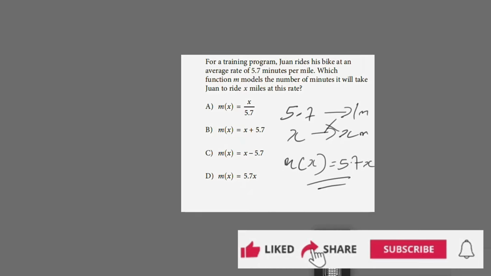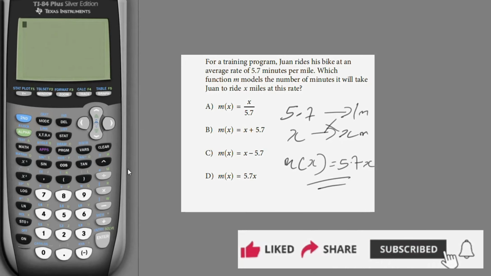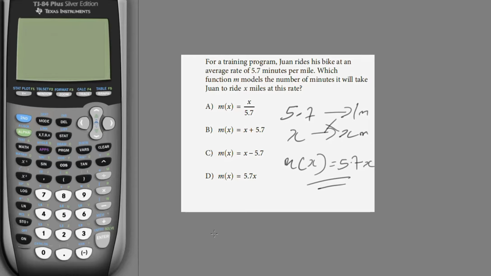We don't need to punch anything into the calculator to figure all this out. This is how I can represent this question mathematically.